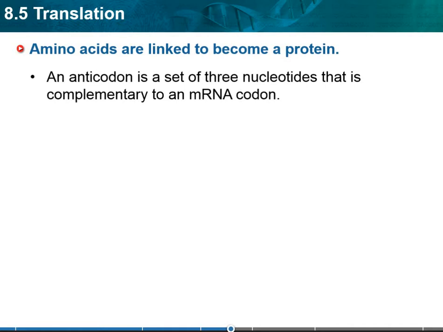The anticodon is carried by the tRNA, and that's what you see pictured there. Right here is the anticodon, and on the end of the transfer RNA is the amino acid that would be for whatever that anticodon is.